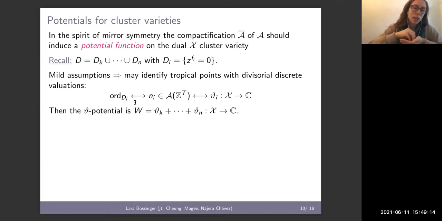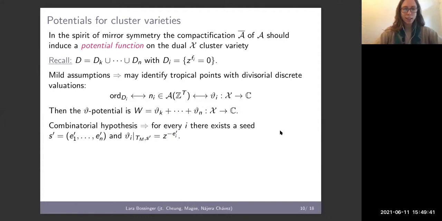I will take the order of vanishing along my divisor component. I can now associate it with a tropical point in A, and then that one I can also associate with Gross-Hacking-Keel machinery, a theta function on the X variety. And my potential is simply going to be the sum of these theta functions.